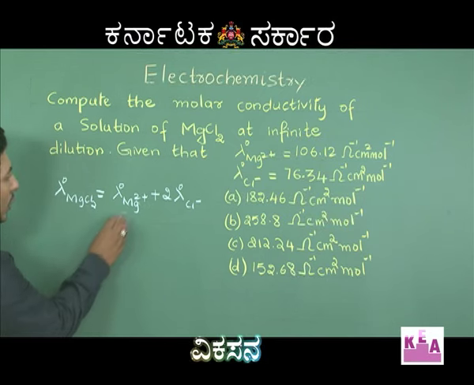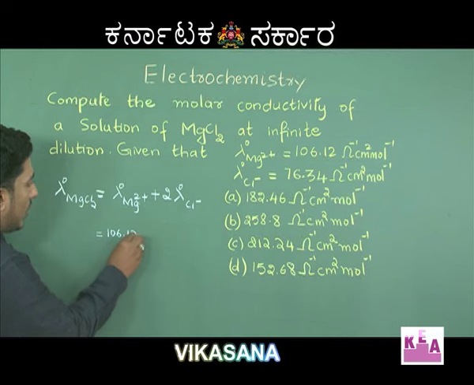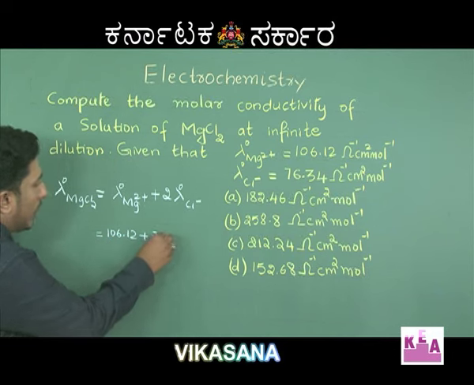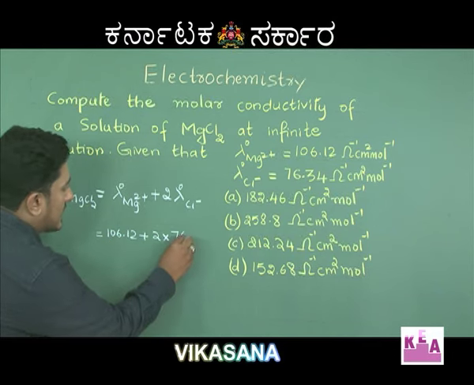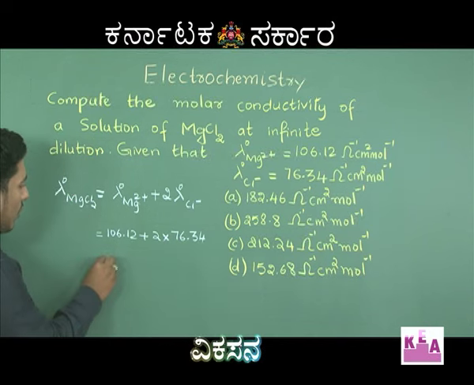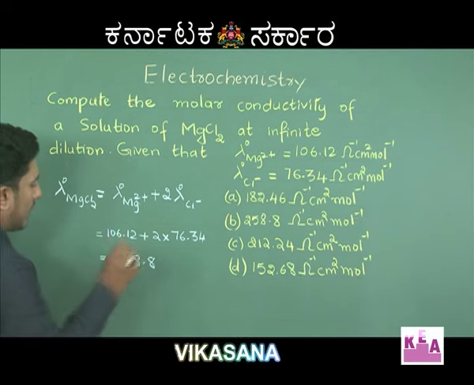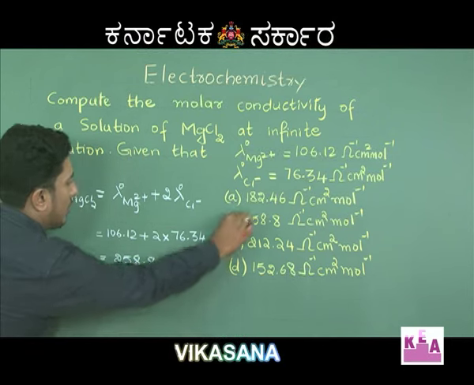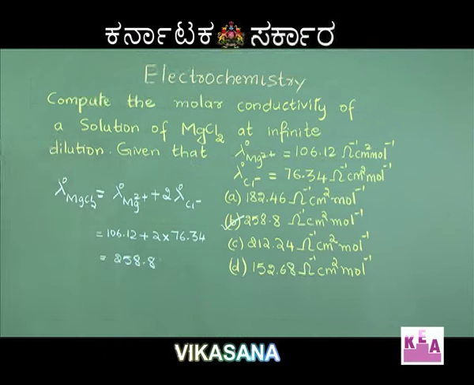Hence, it will be equal to the value of magnesium ion, 106.12, plus 2 into 76.34. On simplification, the value will be equal to 258.8. Hence, option B is the right answer.